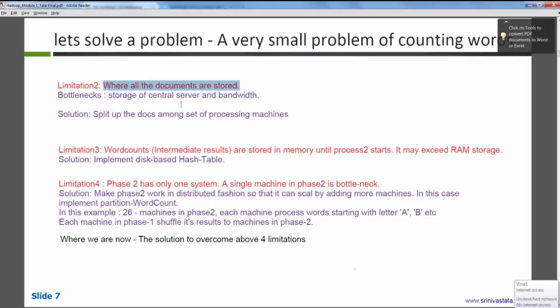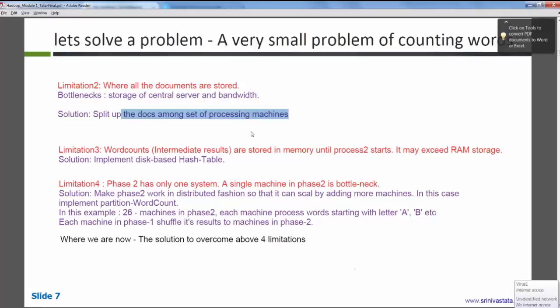What is the solution? Solution is split up the docs among the set of processing machines. You do not give 10 documents to the first machine, 10 documents to the second machine. You will not give in this way. Whenever the document comes, you will directly say, machine 1 take this document, machine 2 take this document. So the storage will be permanently on the machines.